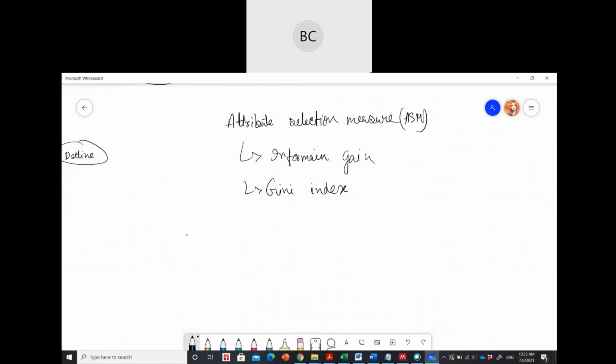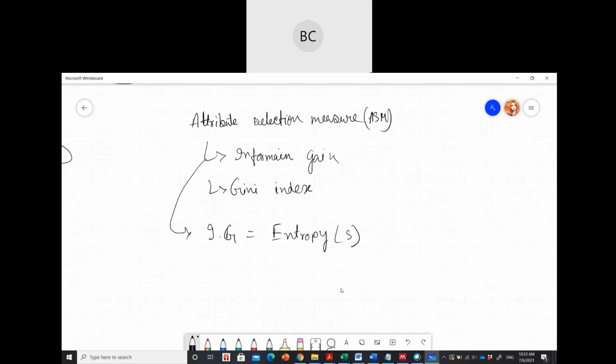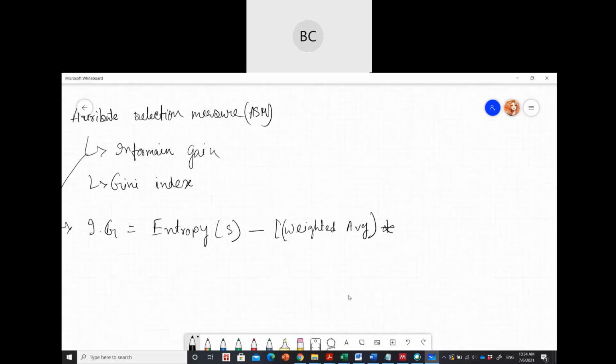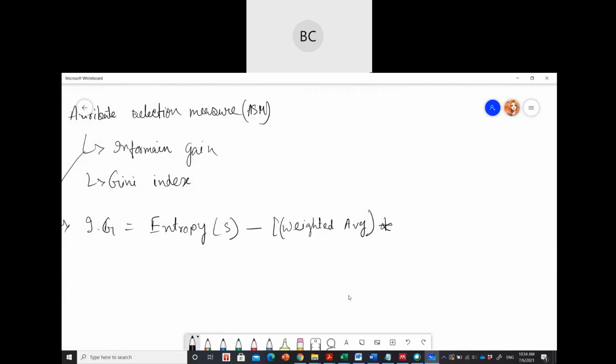There is a particular equation also: information gain is equal to entropy of S, where S is your total number of samples, minus the weighted average into the entropy of each feature.